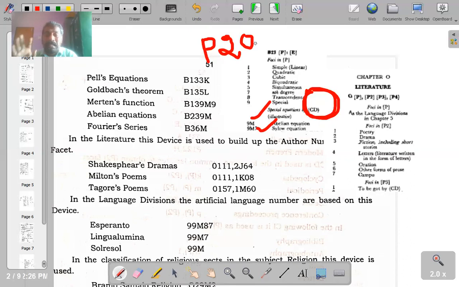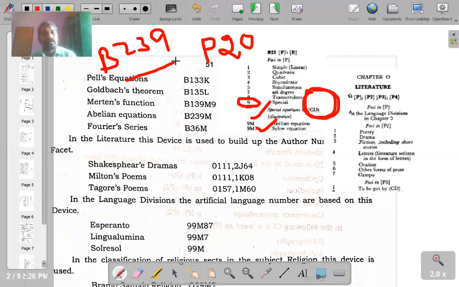So time isolates are taken and used to sharpen one personality isolate called 9. The number B239 is for special equations. This number is sharpened, elaborated and extended using numbers taken from the time isolates: M, M7, P20.